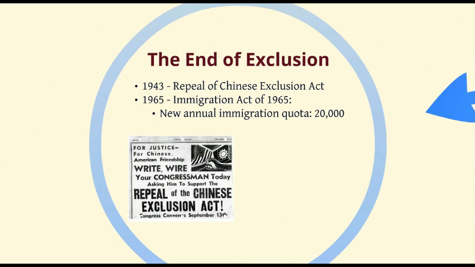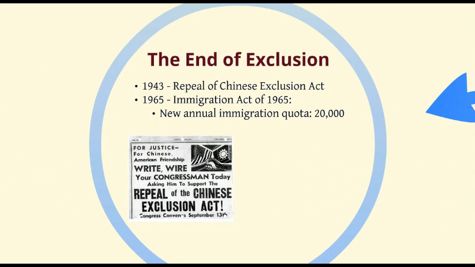Probably the biggest thing that it did was it reestablished a brand new annual immigration quota of 20,000 people per year. And what that meant was that every country around the world pretty much was allowed to send 20,000 people to immigrate here per year. So the number would be the same for all nations, and immigration was no longer going to be decided on the basis of race.